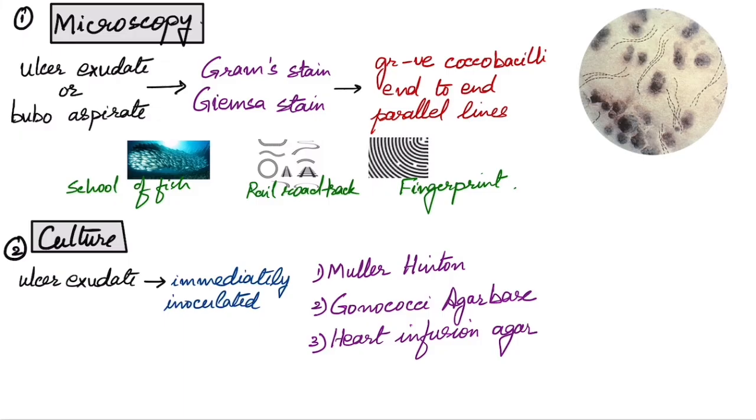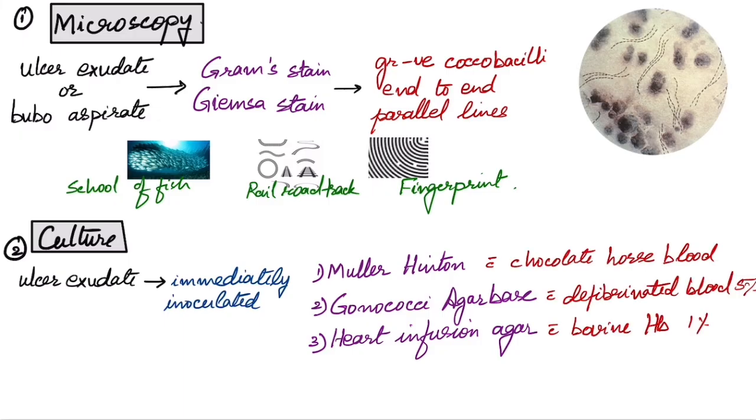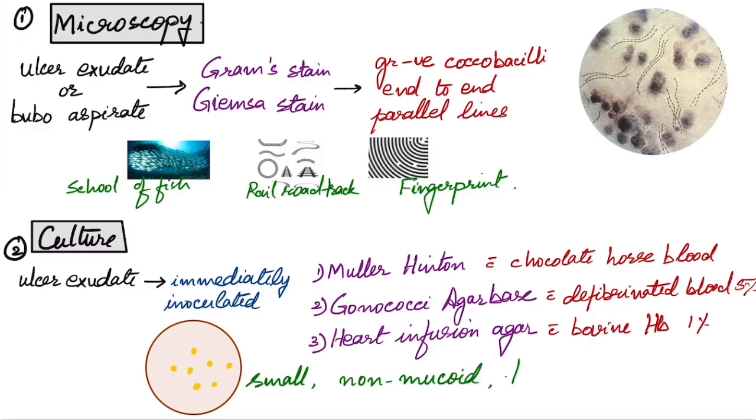Since these bacteria need factor 10, we add some form of blood or its component into each of the agar. To make the media more selective, sometimes vancomycin is also added to inhibit the growth of other bacteria.